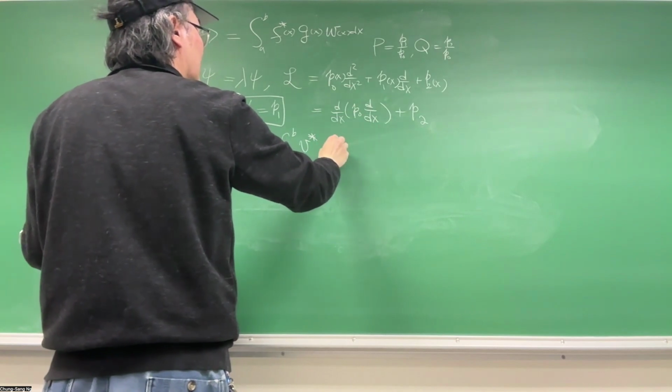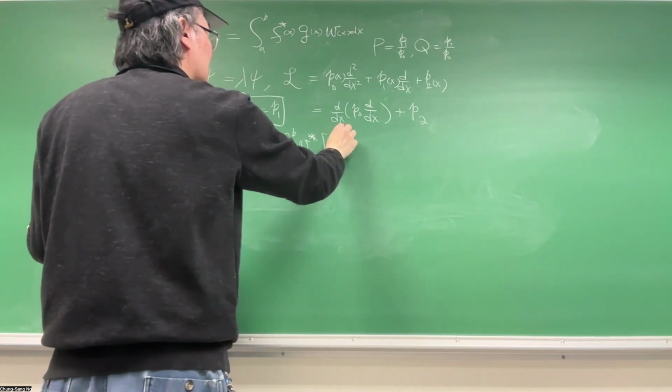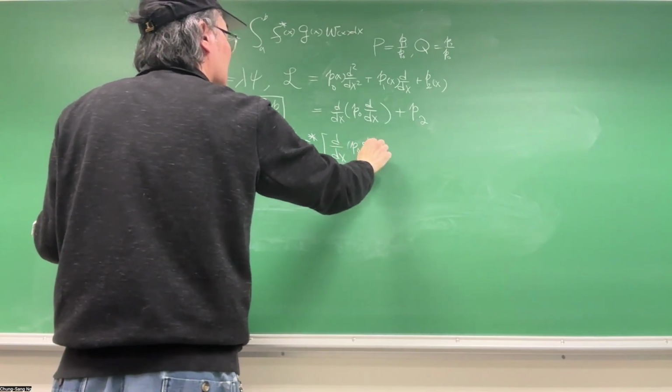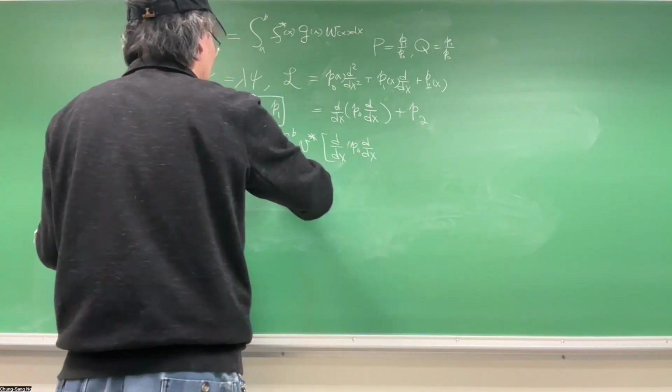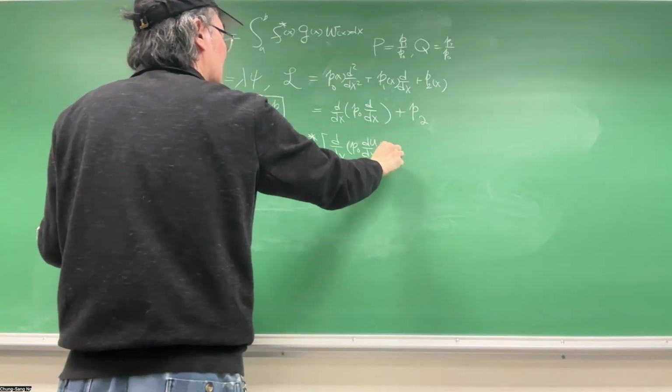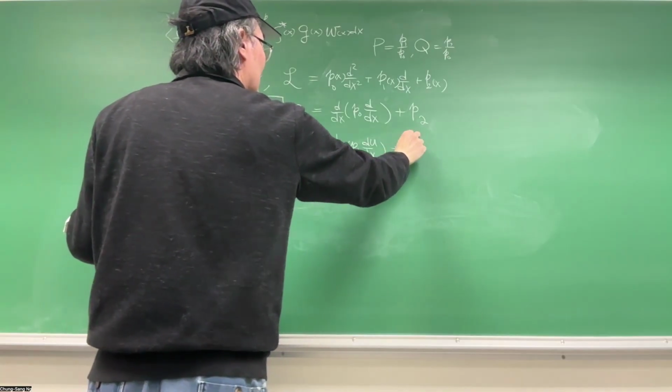So it's d/dx of p sub 0 d/dx, that operates on U, right? And then plus p sub 2.